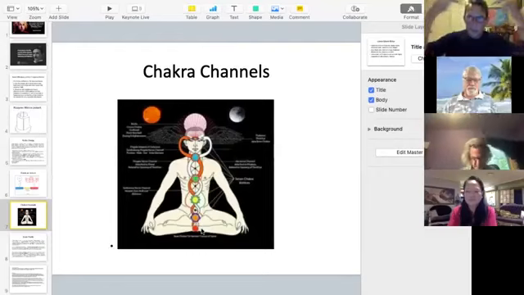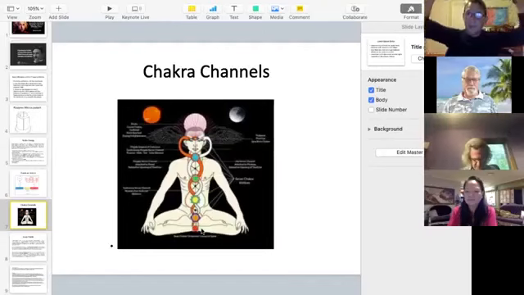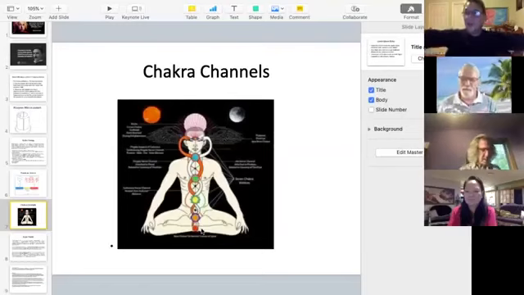And even the interchange of frequencies in the brain create scalar waves, which are coherent. And those scalar waves that are coherent give us a sense of blissfulness, okay, of peace, of joy.